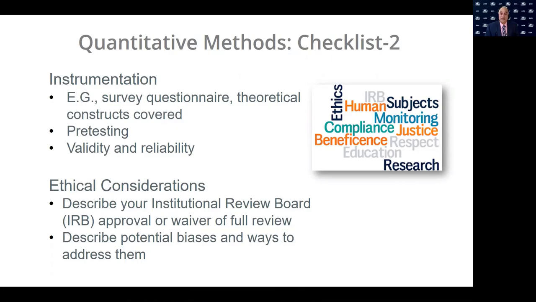And then, as possible, discuss any strategies to test the validity and reliability of the instrument. I'm not going to go into details, but as discussed earlier, IRB considerations should be mentioned. And if there are any potential biases, what were the ways you adopted to address them? Next slide, please.